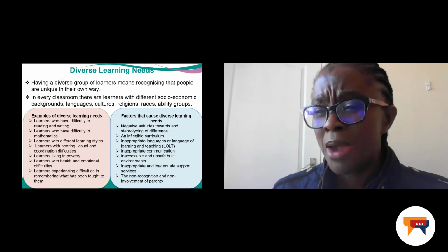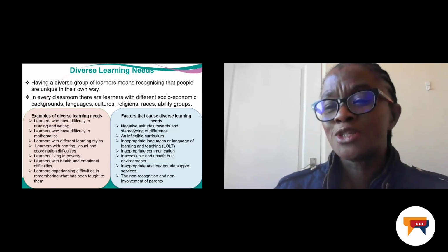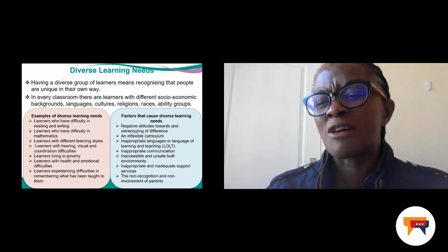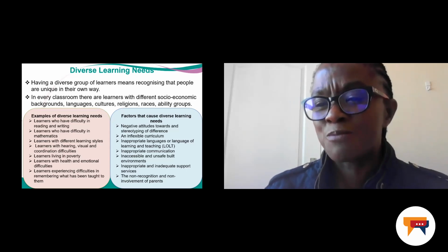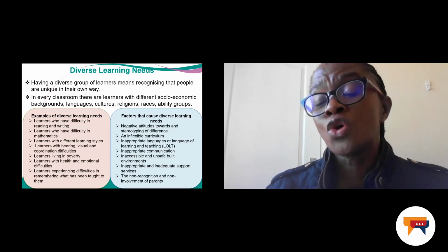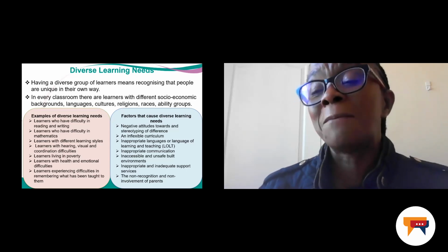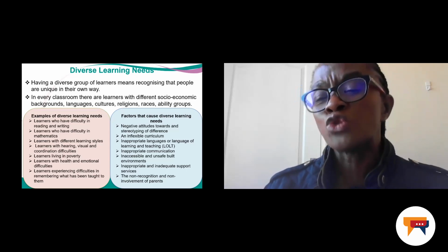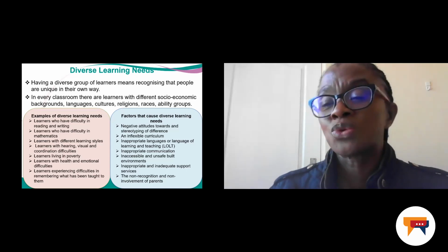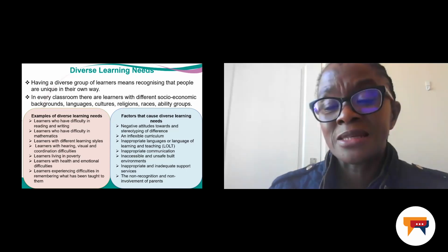They will come up with many reasons for not wanting to implement that. That's the attitude. And attitude is a very important aspect that we should guard against and work towards, so that we can have that positive buy-in to the inclusive education policy, so that we can be able to provide relevant support.